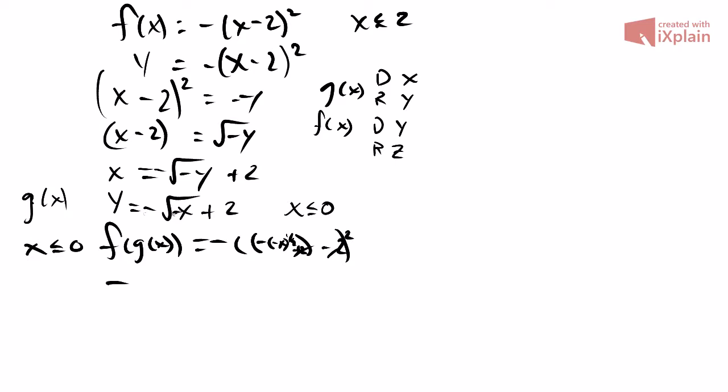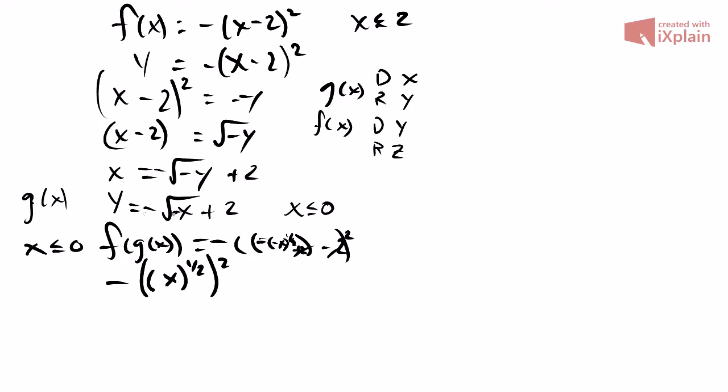So what we have is negative, and that gives us negative (x to the 1/2) squared. The 2s canceled, these negatives canceled. Here's our 1/2, here's our 2, and of course our negative out in front.